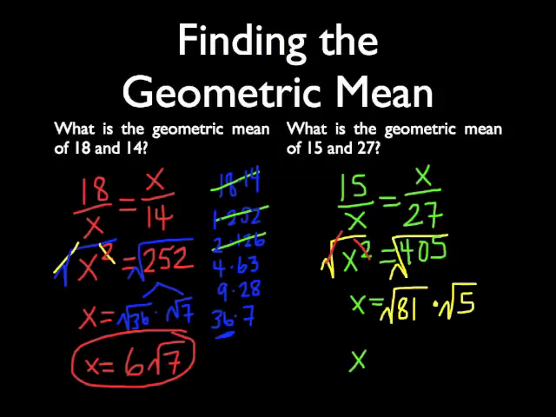And of course we can take the square root of 81 now, which is 9. We can't take the square root of 5, so we'll just leave it. So the geometric mean of 15 and 27 is 9 times the square root of 5.